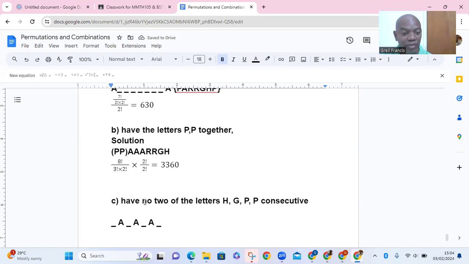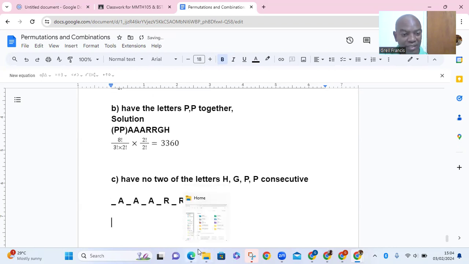So we have the A's making the spaces, and the two R's making the spaces. Now the G and the H and the two P's will be the ones selecting the spaces. So we have 9 letters all being utilized in this analysis.